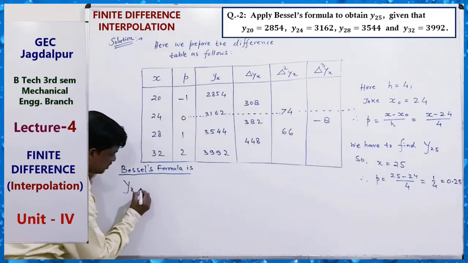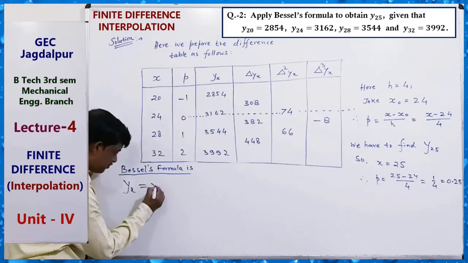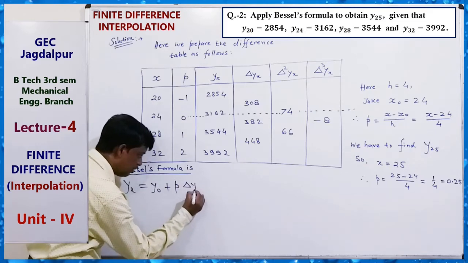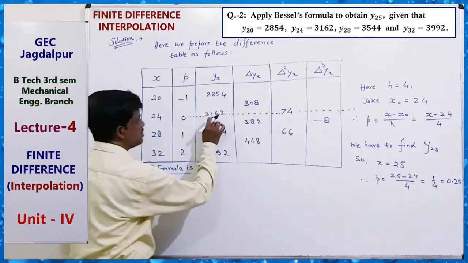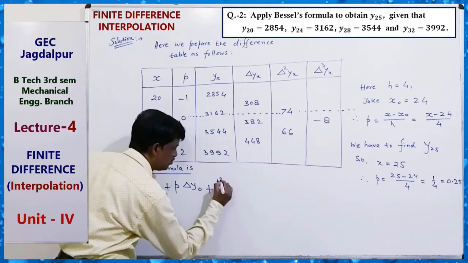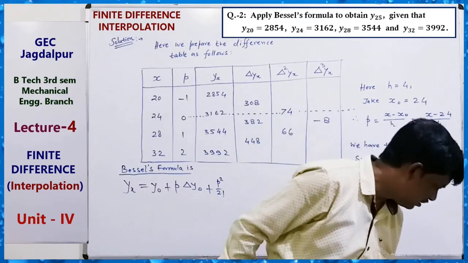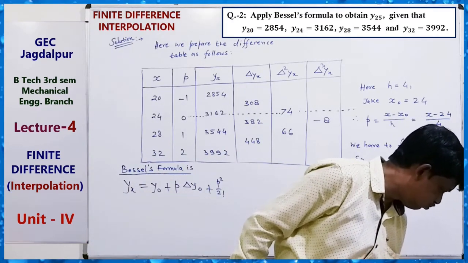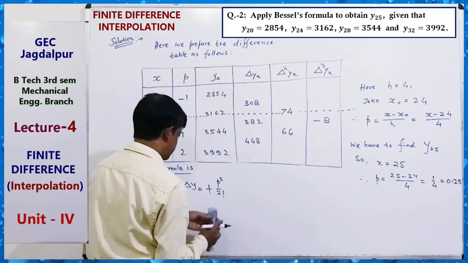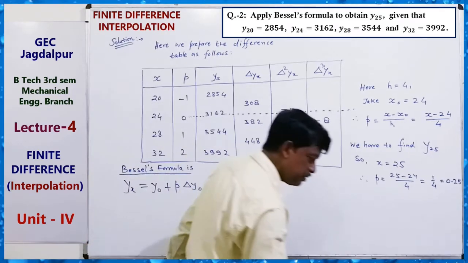Yx equals y0 plus p del y0. Then p(p minus 1) by 2 factorial.